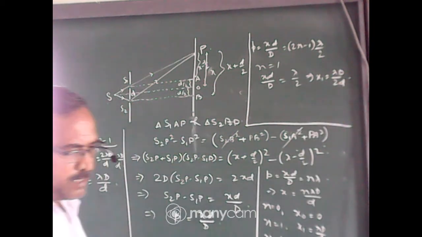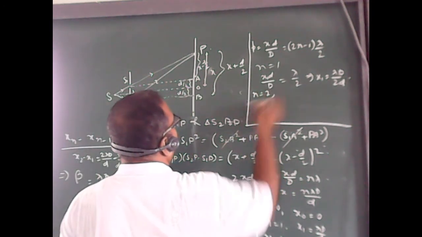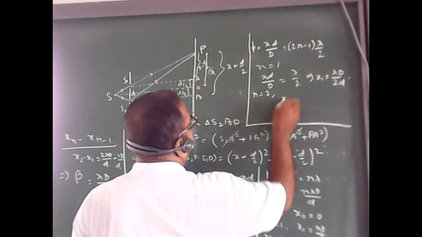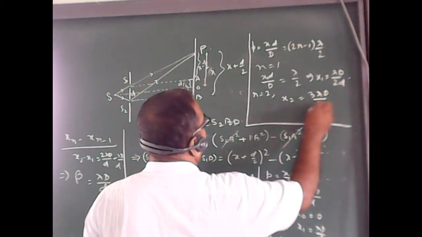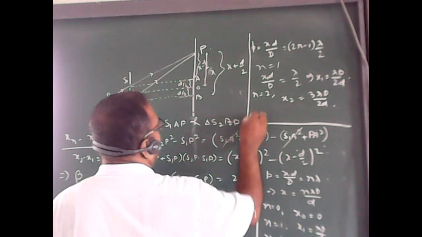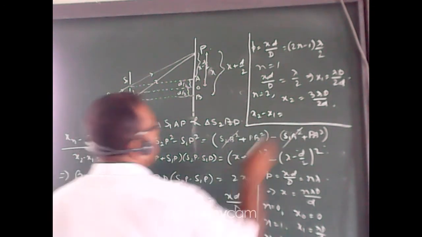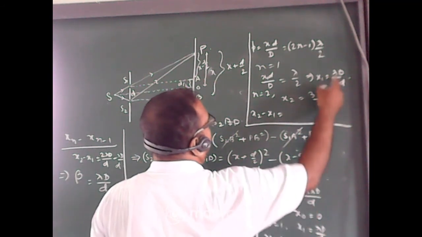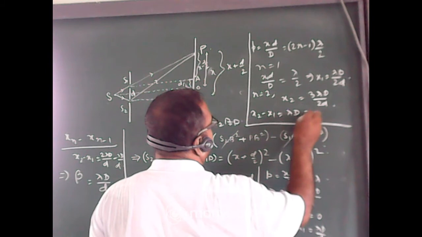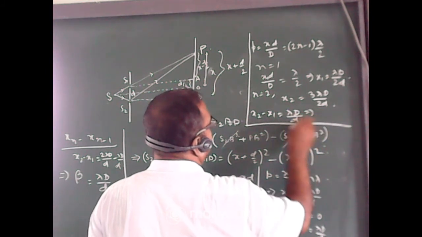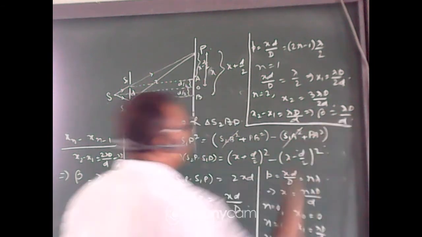For n equals 2, x2 equals 3 lambda D by 2d. So x2 minus x1 is 3 lambda D by 2d minus lambda D by 2d, that is equal to lambda D by d. That value will be beta equals lambda D by small d.